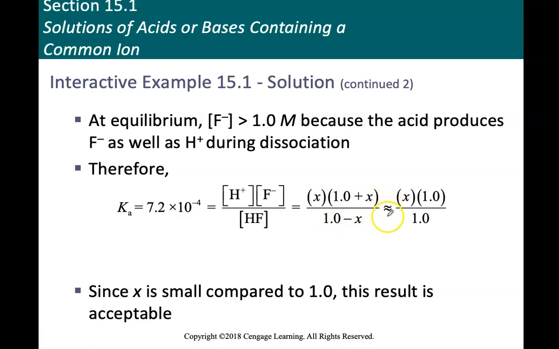Now, that is an important step here, which is the assumption that X is very small, so you can reduce that. So this cancels out, and you end up with X equals this. So X is small compared to 1. This result is quite reasonable. So that's the value of X.